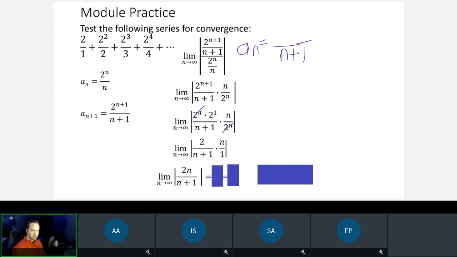What do we do to find the limit? We do 2 divided by 1, which is just 2, and the absolute value of 2 is still 2. So is that greater than, less than, or equal to 1? It is greater. So if it's greater than 1, that tells us it does what? It diverges. Very good.